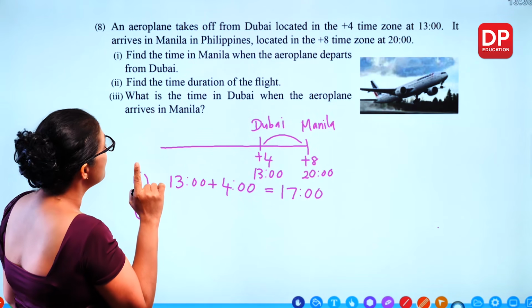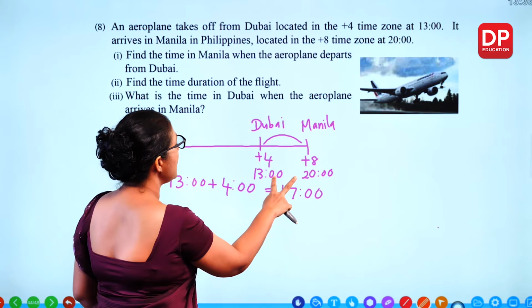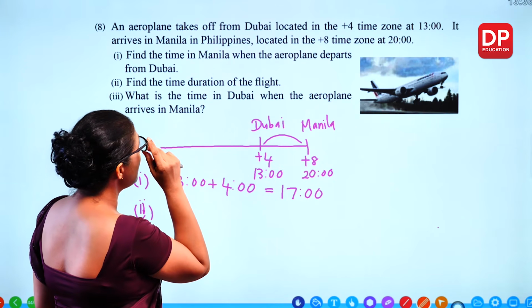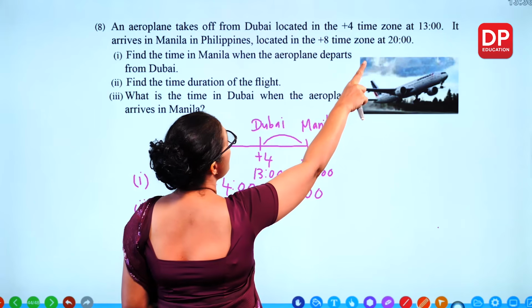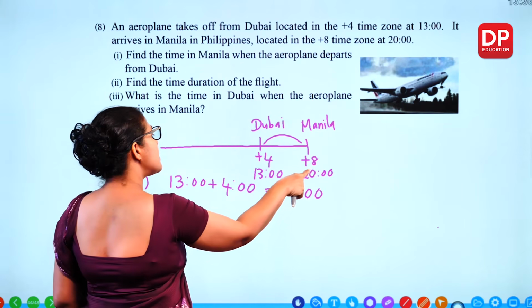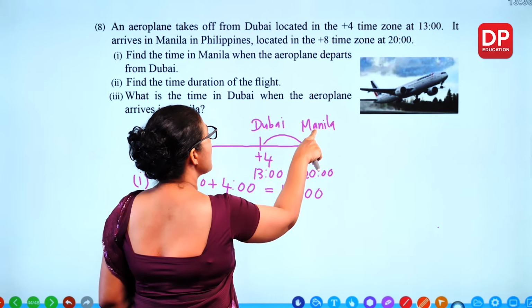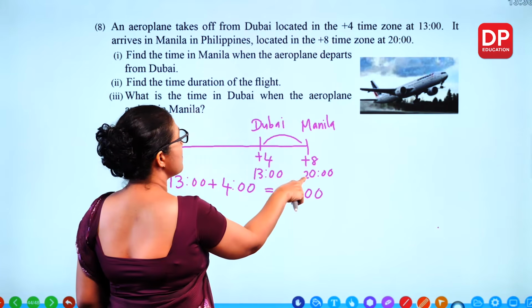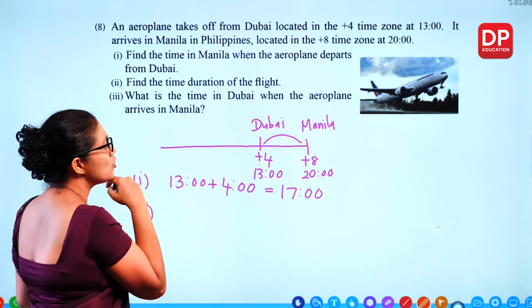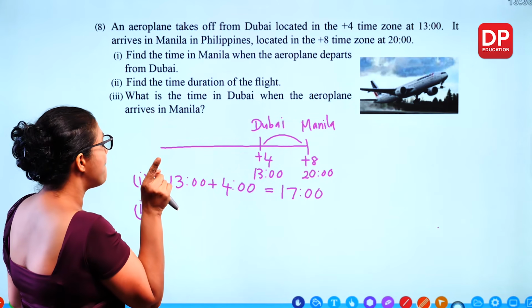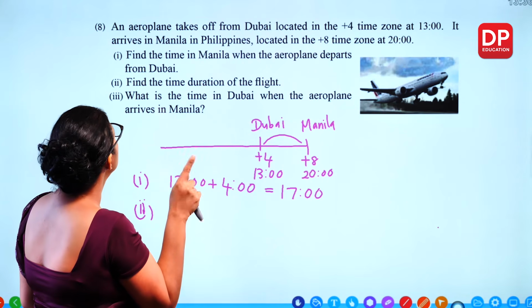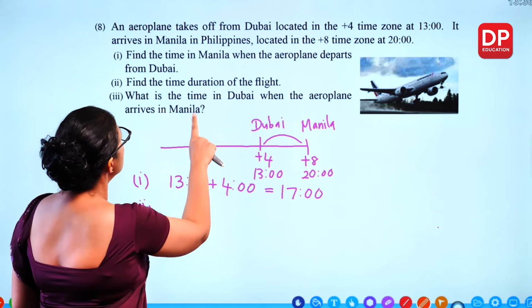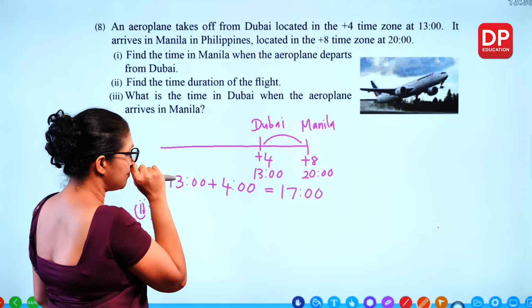Second, find the time duration of the flight. So time duration. Now see the time difference here. Philippines located in the +8 time zone at 20. So this is the arriving time in Manila. So how do you find out the duration of the flight?